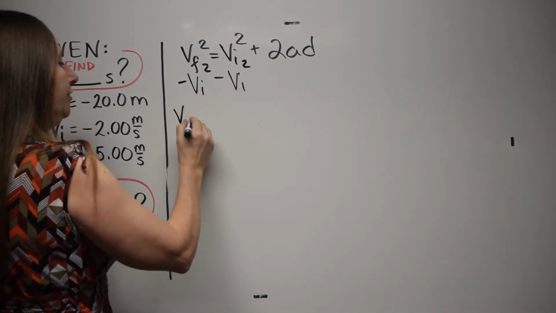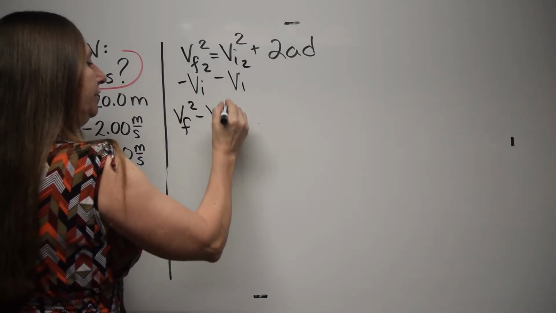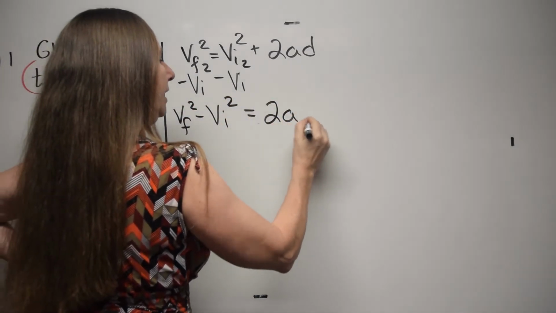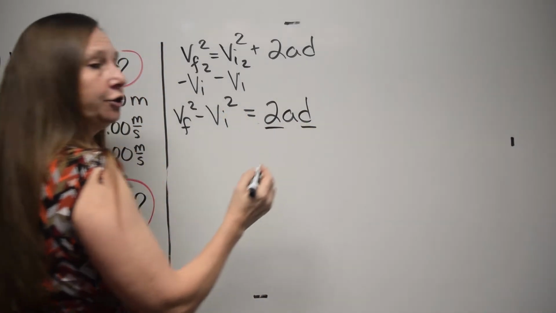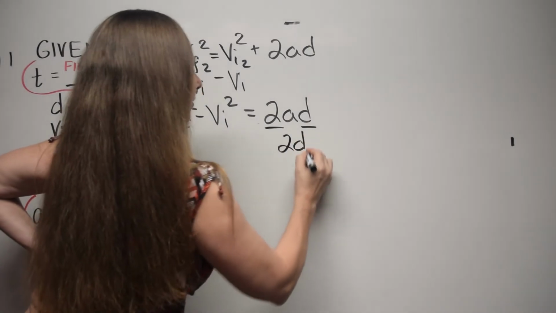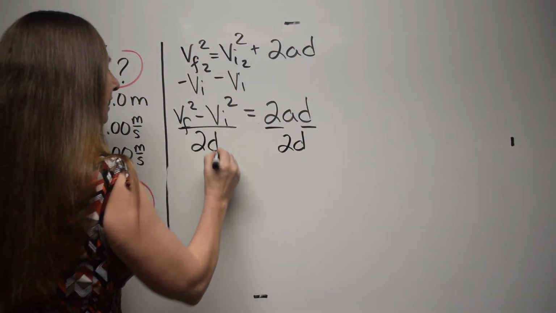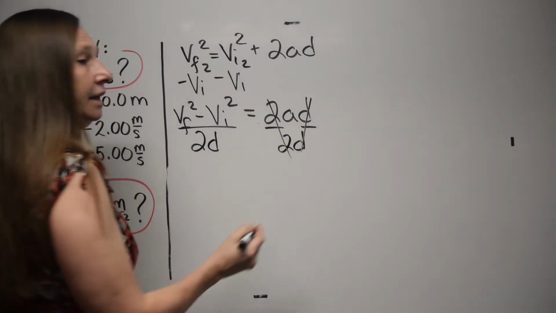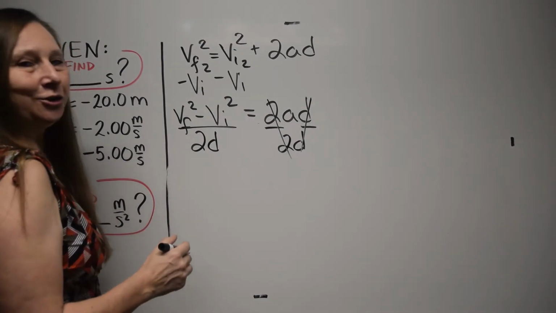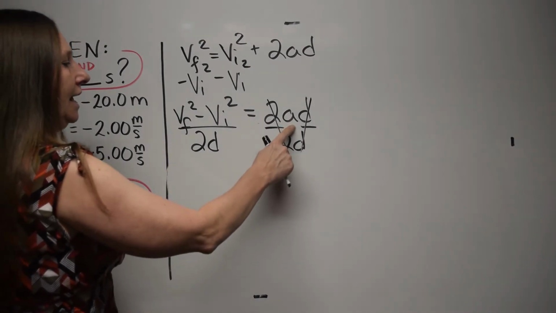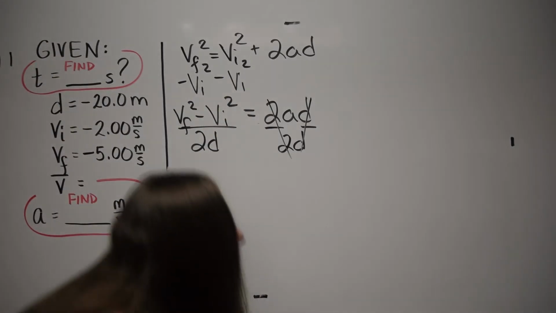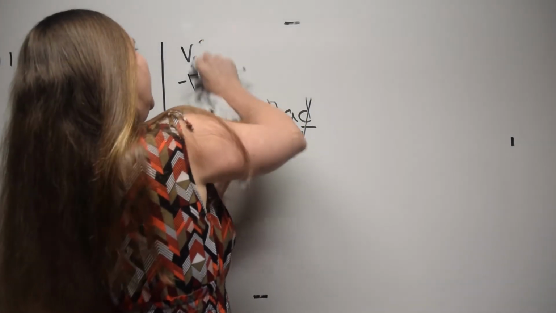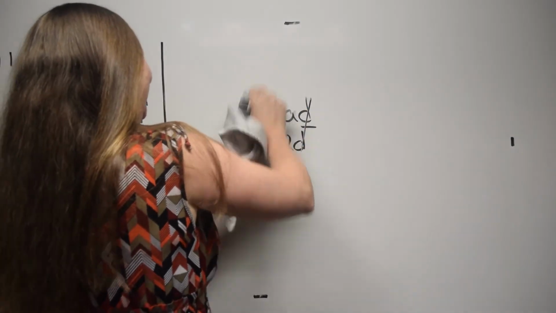So now we've got V final squared minus V initial squared equals 2AD. We want to get the A by itself. Divide by the 2 and the D. 2 and D cancel. So the equation that we will be using is A equals V final squared minus V initial squared over 2D. Okay, now we're ready to get started.